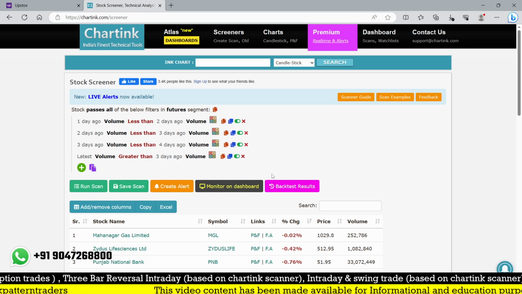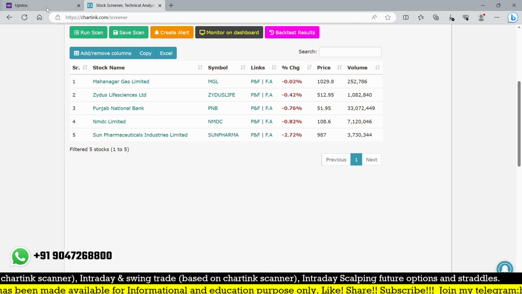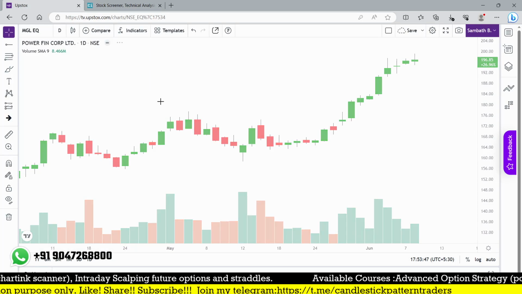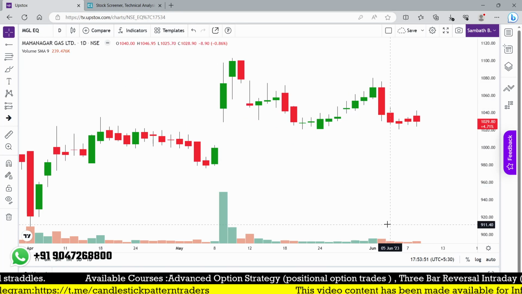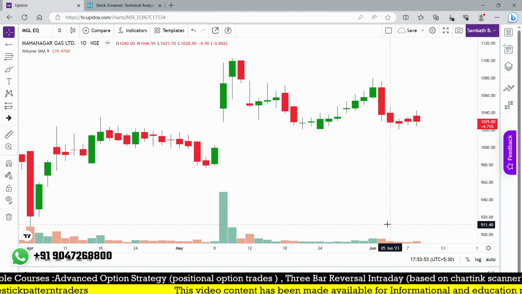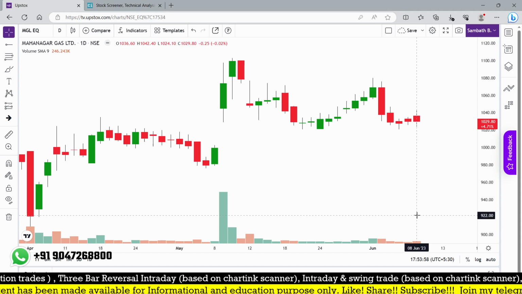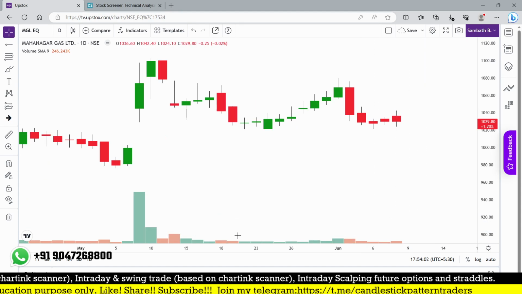If you filter, these are all the stocks. MGL, let me check whether I'm right or wrong. Yes, I think day one is about 239k, and here 246, 39 and 46, it's exactly what we are expecting.